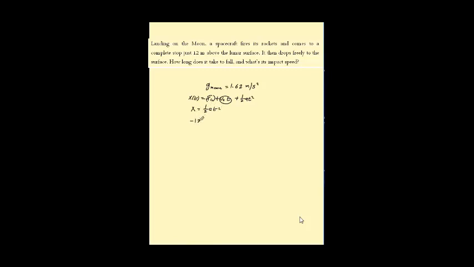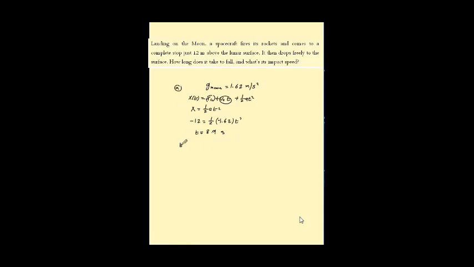So minus 12 is equal to 1/2 times minus 1.62 t squared, and evaluating, t is equal to 3.9 seconds. This is the first part of the problem.